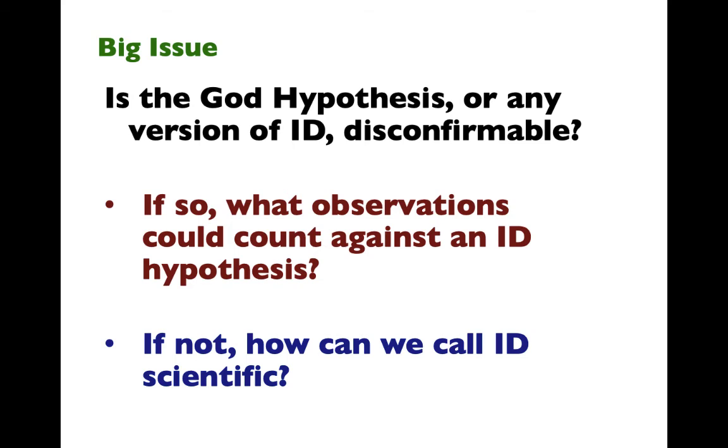I mean, if anything, we would count that as disconfirmation of the intelligent designer hypothesis. If nothing can count against the God hypothesis, if nothing can count against ID, how can we call it scientific? It's got explanatory power, but when we pit the theories against one another, the traditional theory has weaknesses.